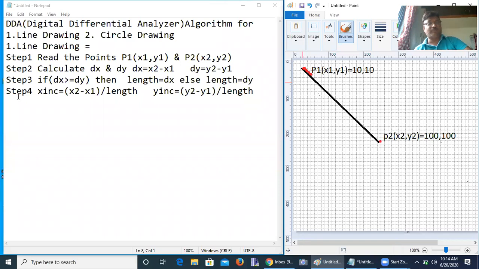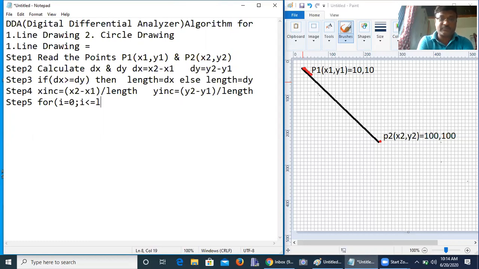Now step 5. Here I consider one value i equal to 0, initialization; i less than or equal to length; then i plus plus. So i is my initial value, i equal to 0.